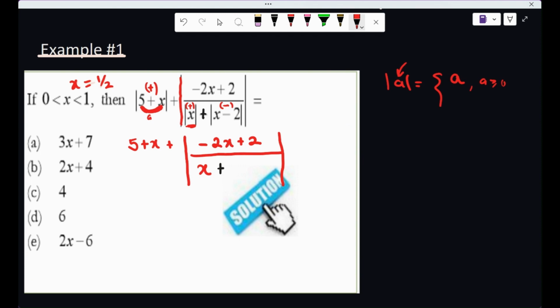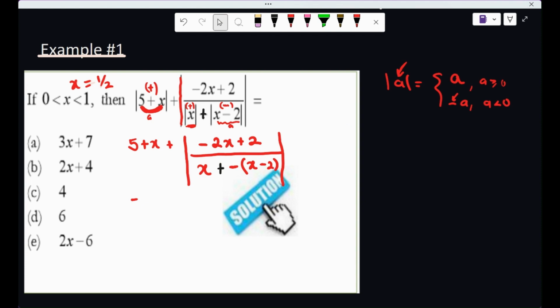So remember, if the quantity here is negative, then we will have minus A, because A is less than 0. In this case you see x minus 2 as A. But this A is negative, because if you put half here, you have half minus 2, which is a negative number. So we have to bring that minus down, then you have your bracket, in which you put your A, which is x minus 2.